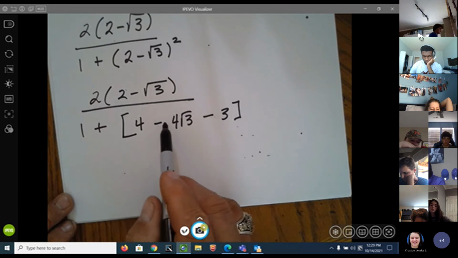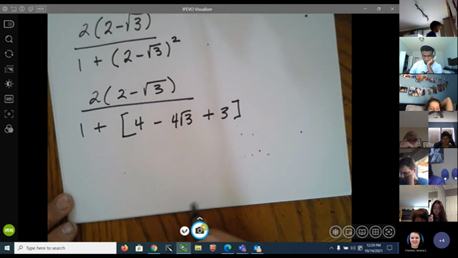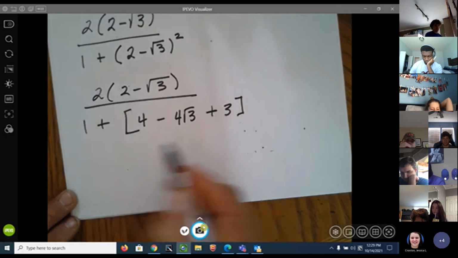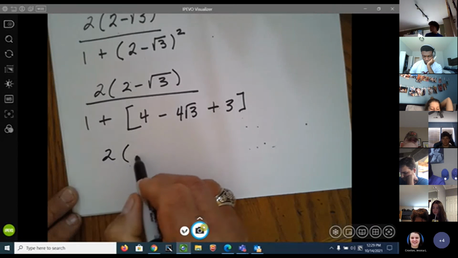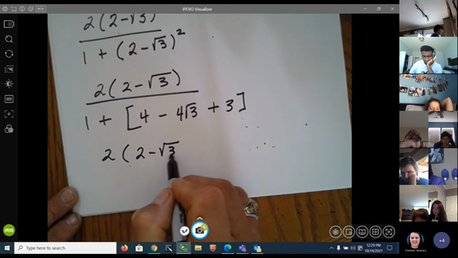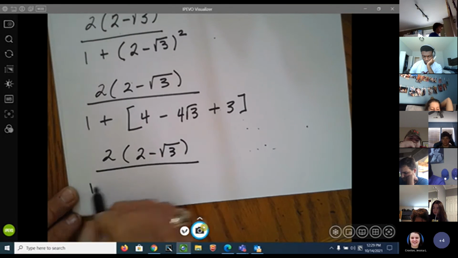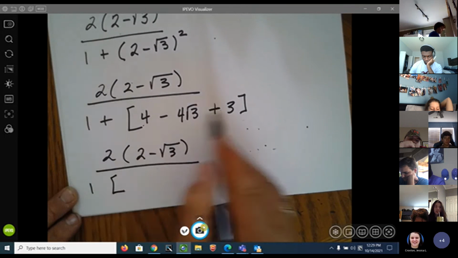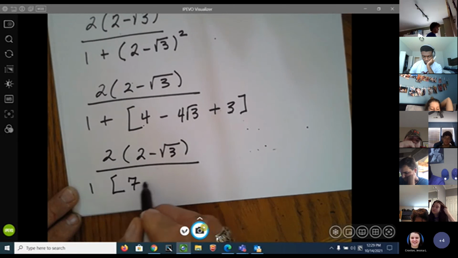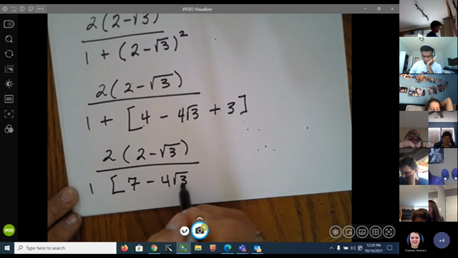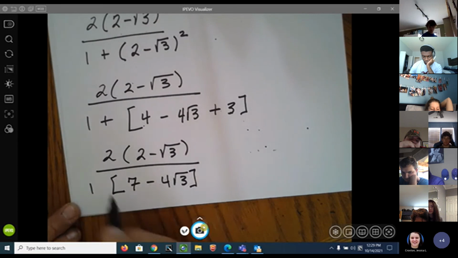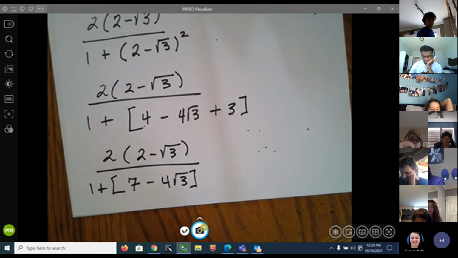Wait a minute, that should be plus 3, sorry. So that would be 2 minus square root of 3 over 1, and then 4 plus 3 is 7 minus 4 square root of 3. And that 1 is plus that. 1 plus 7 is 8.